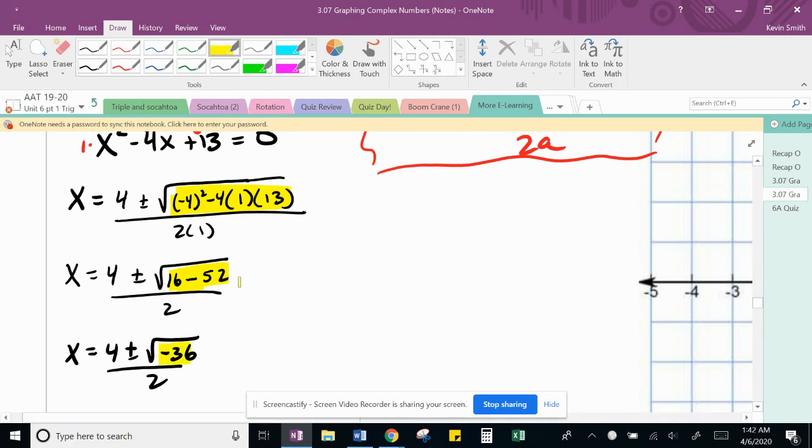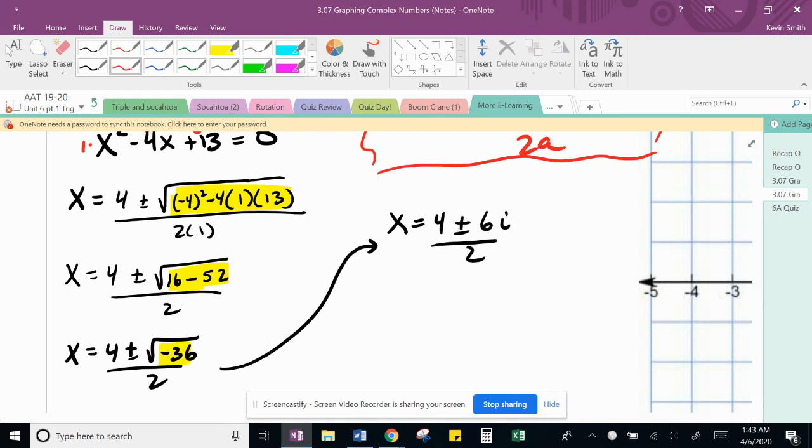And again, you are only simplifying the radical every time. That's really all you have to do for the quadratic formula. So we get x equals 4 plus or minus 6i all over 2. Last thing we check, does 2 divide into 4 and 6? It does. So we get x equals 2 plus or minus 3i.